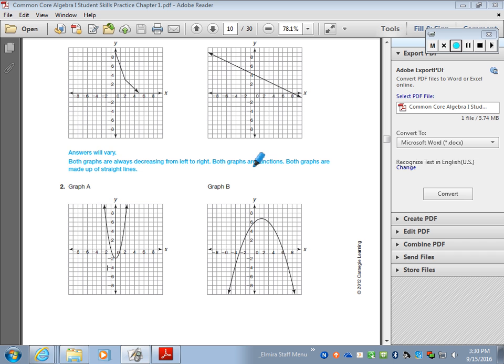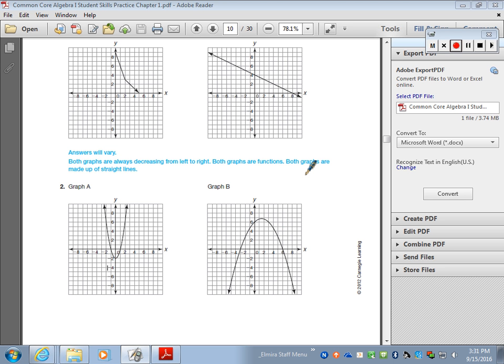Both graphs are functions. Both graphs are made of straight lines. There's three different vocabulary words, three different things that these graphs have in common. So put a little more quality into how you answer these questions.